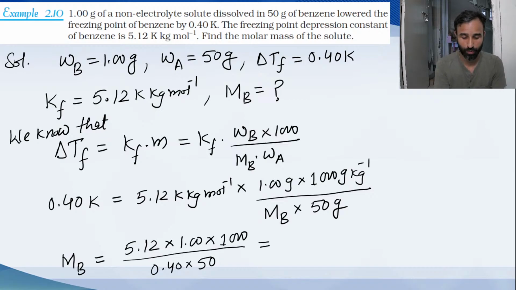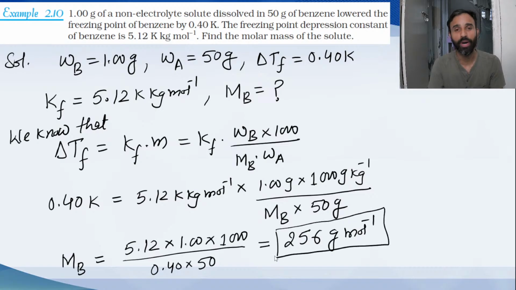It is 5.12 into 1000 divided by 0.4 divided by 50. It is 256 gram per mole. So this is question number 10.